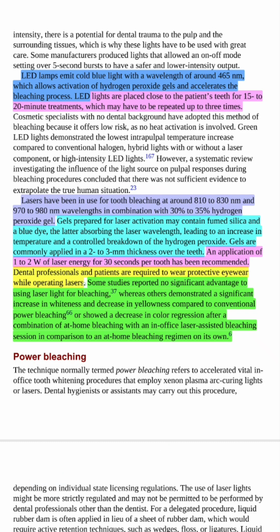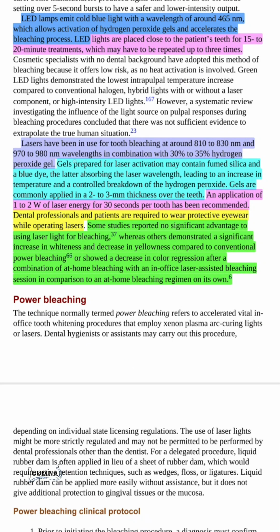As for the laser, it has a gel that is prepared for the laser activation, which contains fumed silica and a blue dye that absorbs the laser wavelength, leading to an increase in temperature.